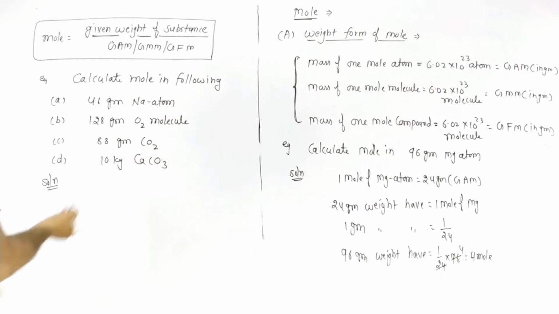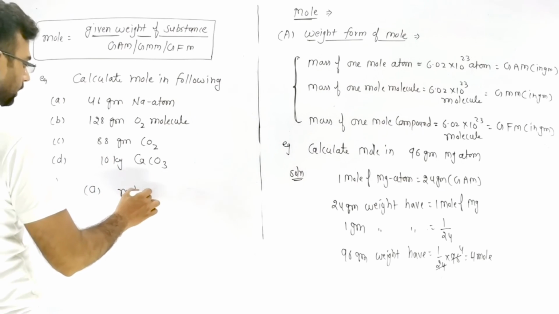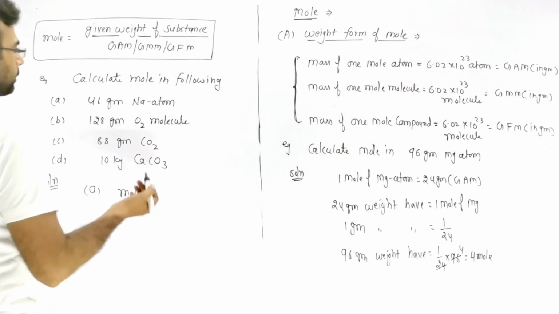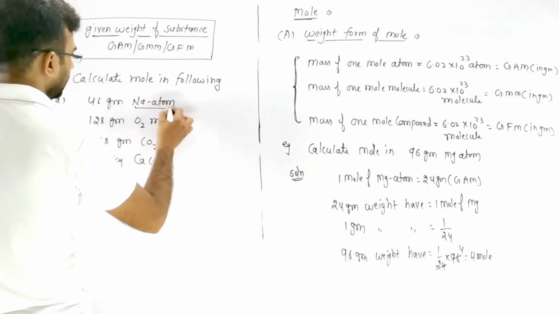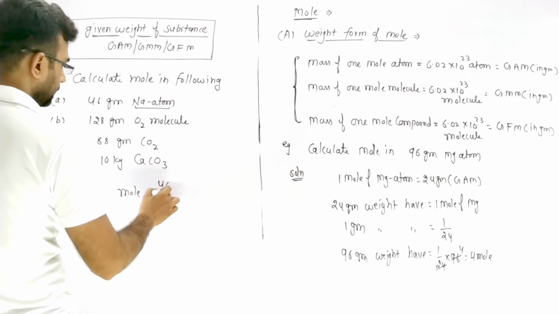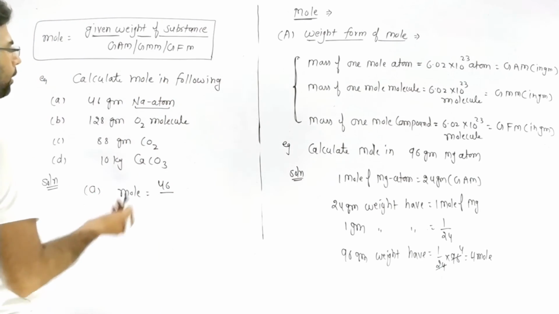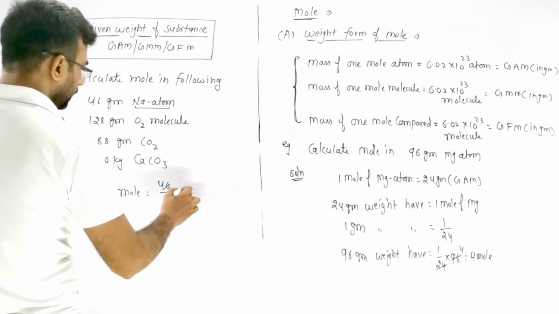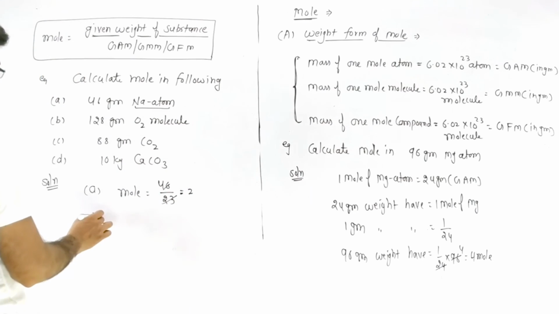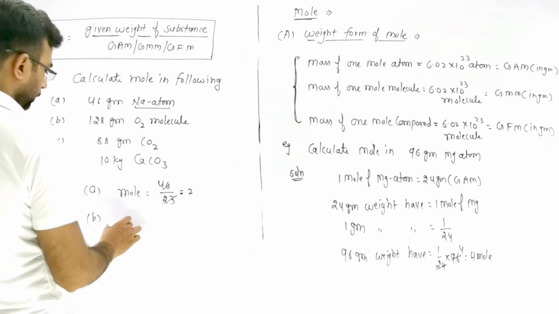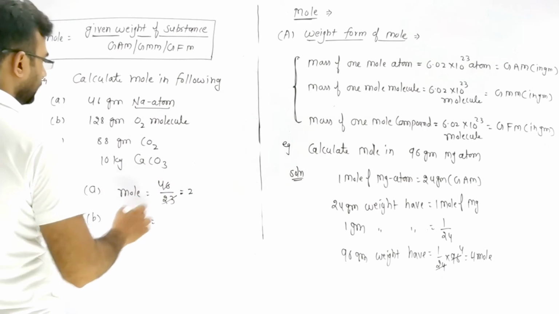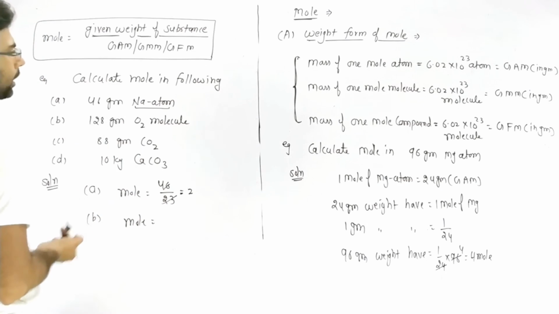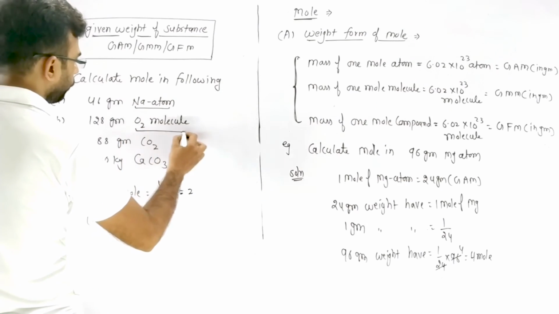Now we calculate A first. If we calculate mole, first the weight of the given substance, and the substance is an atom. So we write 46, and we know that the gram atomic mass of sodium is 23. So these cancel out and we get 2 mole. Next B. In B, given 128 gram of O2, and we know that O2 is a molecule.